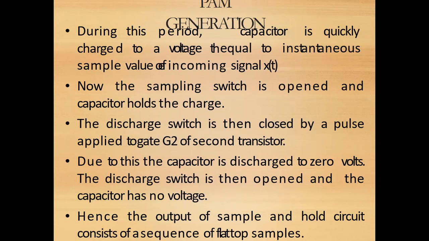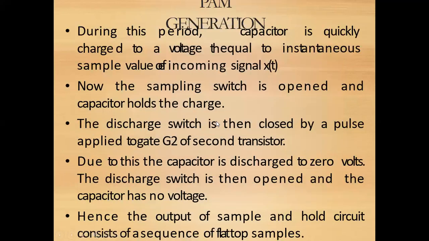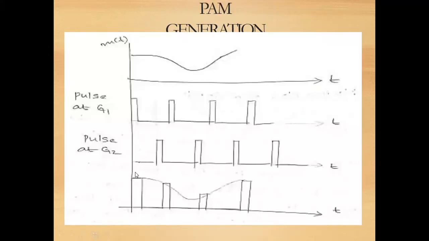So the charging and discharging of the capacitor happen like this: the capacitor charges by the pulse applied to G1 of the first FET, and the capacitor starts to discharge by the pulse applied to gate G2 of the second FET. Hence, the output of the sample and hold circuit consists of a sequence of flat top pulses.